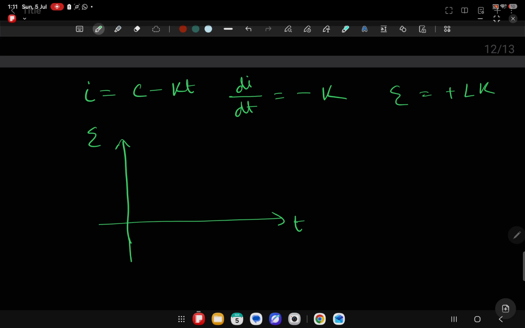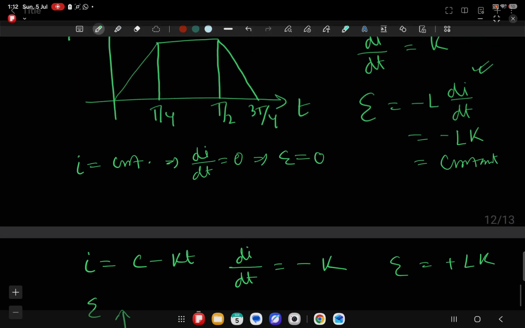So first it is negative, then it is 0, then it is positive. Okay, clear?